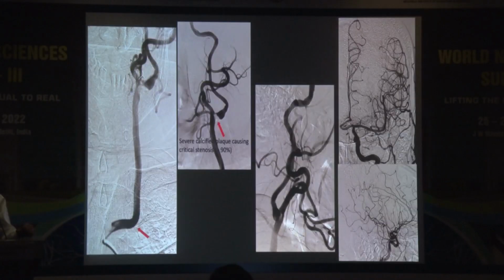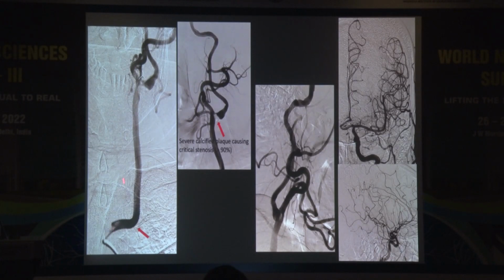Okay, this is one failure which I want to show. An 85-year-old gentleman, TIAs, there's a calcified plaque, posterolateral calcification with a very right-angle origin of the internal carotid artery from the common carotid artery.